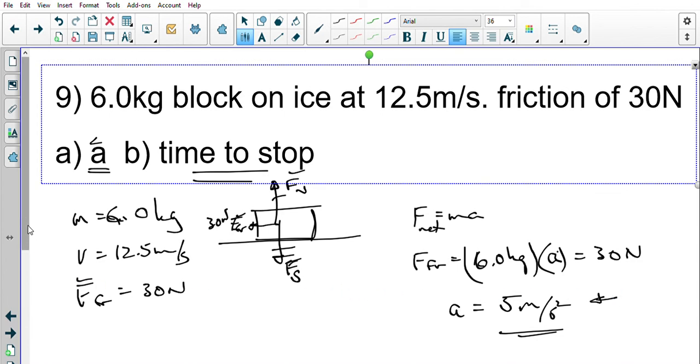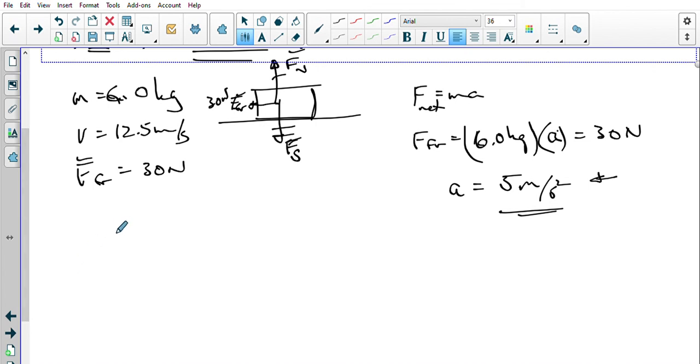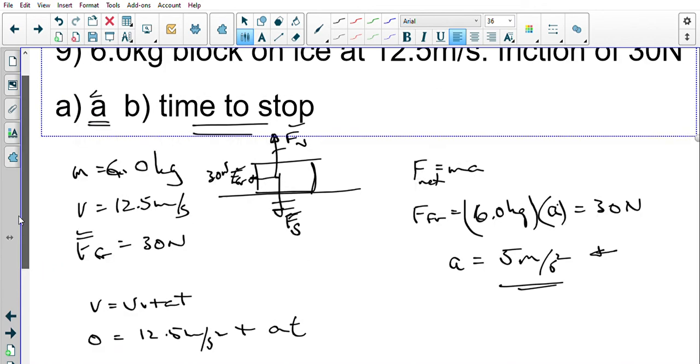So secondly, we want to get the time to stop. Well, here we're going to be using v is equal to v naught plus at. V is going to be equal to 0. This is going to be 12.5 meters per second, plus our acceleration times our time to stop.